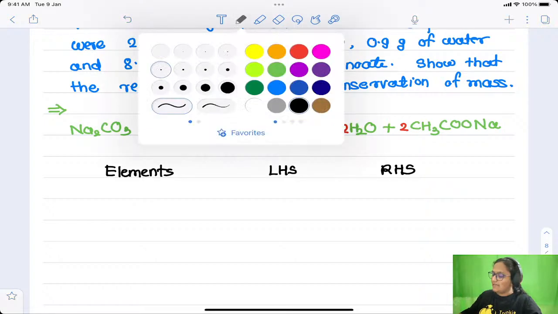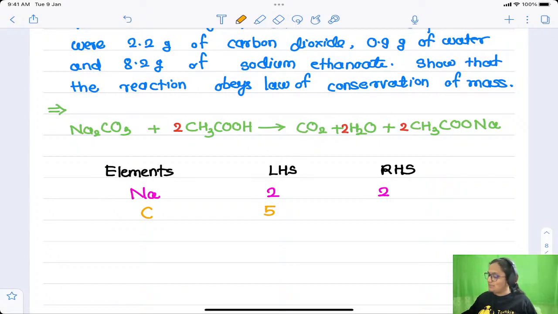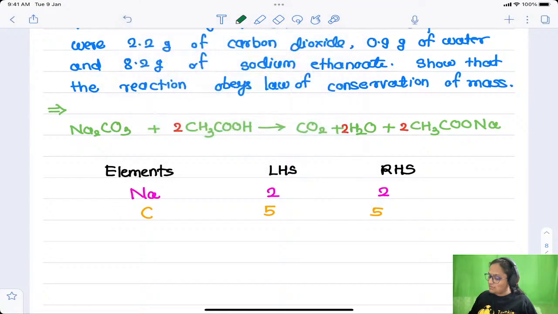Let us start with Na. Na on the left hand side is 2, right hand side is also 2. Then carbon on the left hand side is 1, 2, 3, 4, 5. On the right hand side it is also 1, 2, 3, 4 and 5. Then next is oxygen. Oxygen on the left hand side is 3 plus 4, 7.